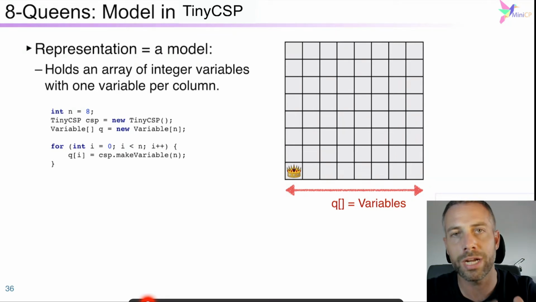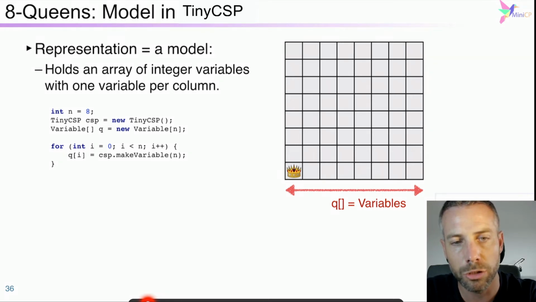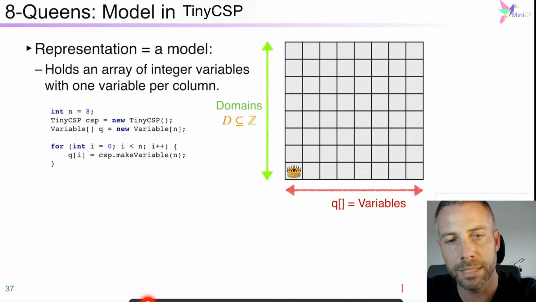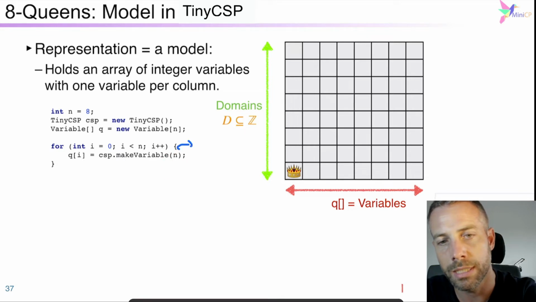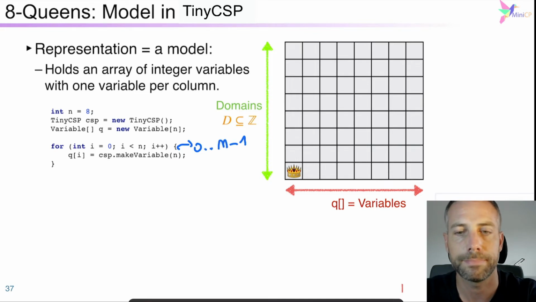The domain is the range of possible values for every variable. Okay, so every variable i has a domain of n, which means that the domain is all the values from 0 until n-1. Okay, the n is not included there.